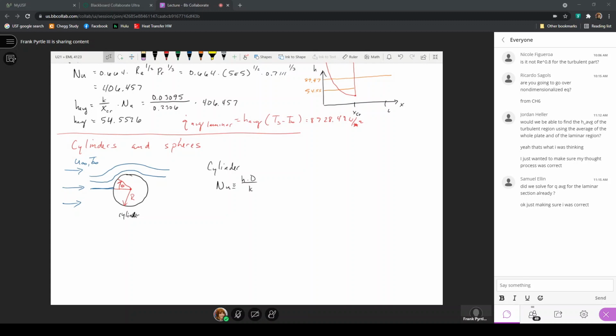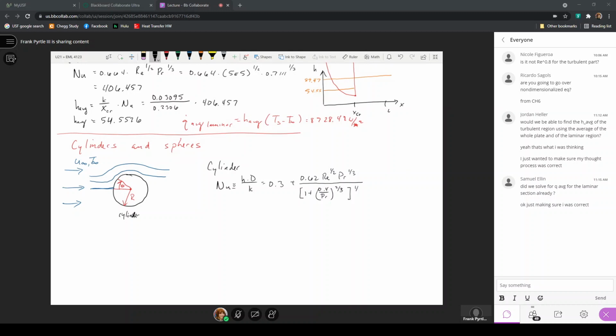So with this definition for the cylinder, the Nusselt number will be defined as 0.3 plus 0.62 times the Reynolds number raised to the 1/2 times the Prandtl number raised to the 1/3, divided by 1 plus 0.4 divided by the Prandtl number raised to the 2/3.